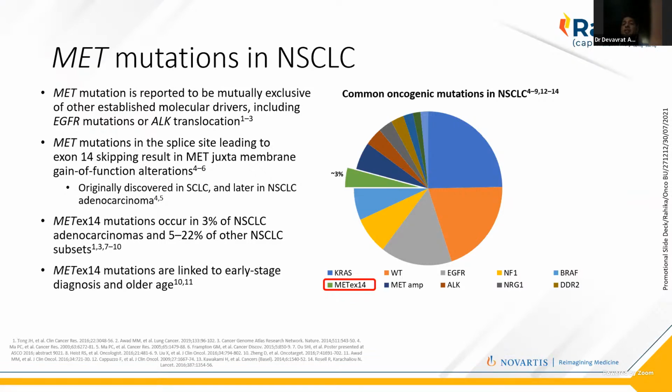And in fact, it's not just adenocarcinomas. They are also seen in other subtypes, including squamous cell carcinomas. We know that there could be a prognostic impact with worse outcomes. They also are seen in early stage diagnosis at older age. The next slide, please.